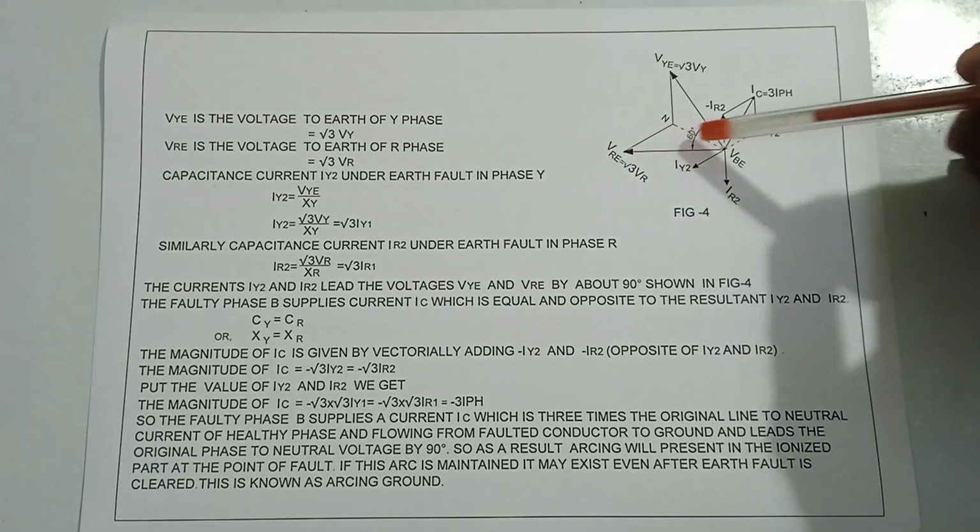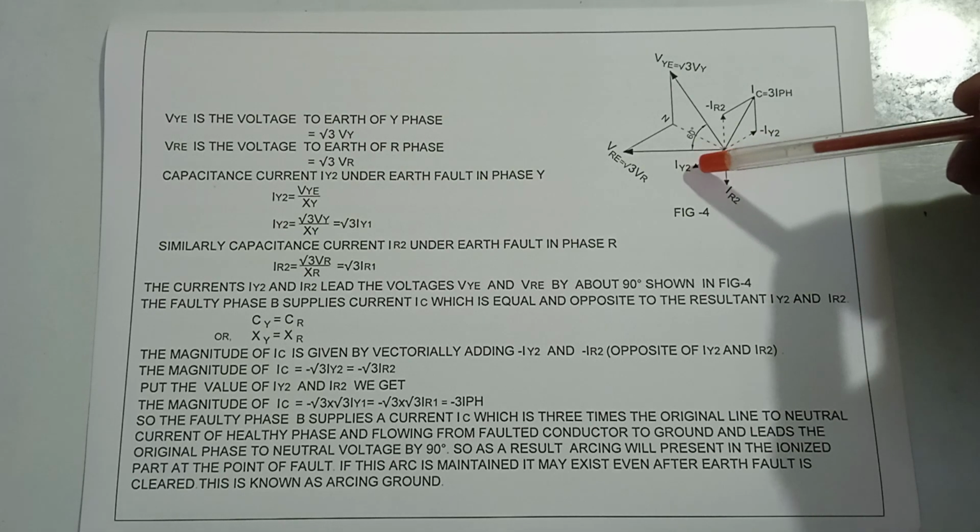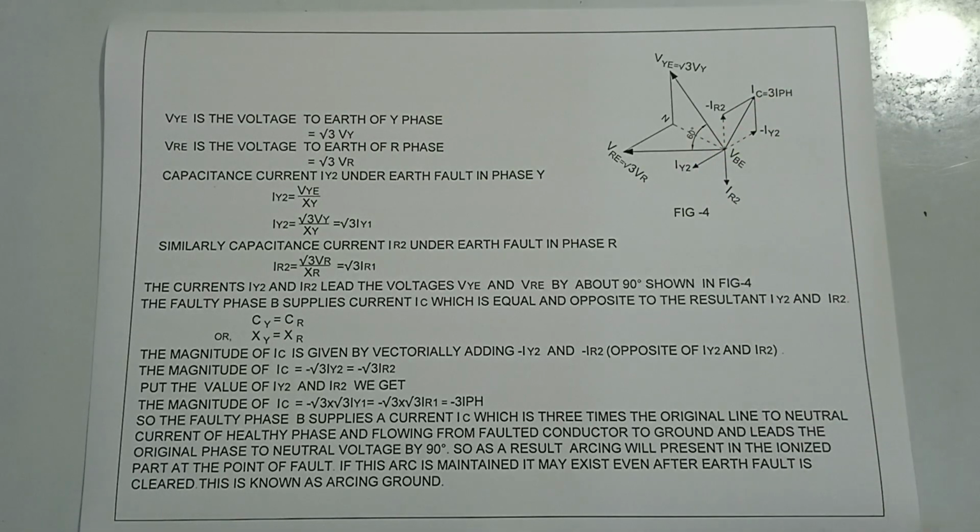Again Vre and IR2 lead it by 90 degrees. The faulty phase B supplies current IC, which is equal and opposite to the resultant of Iy2 and IR2.